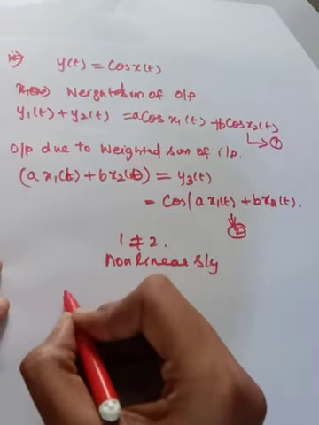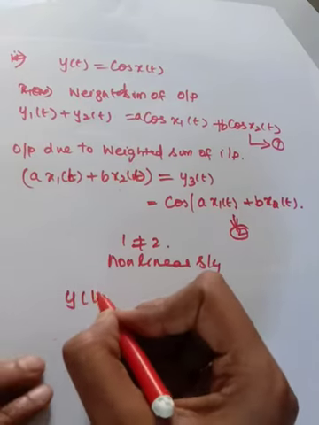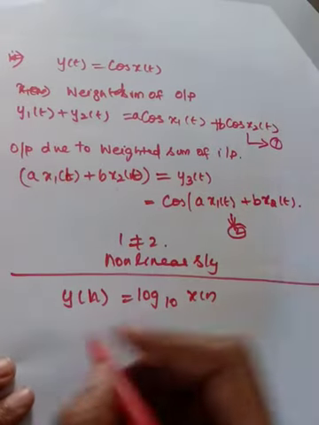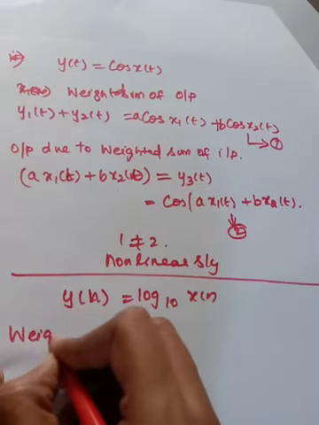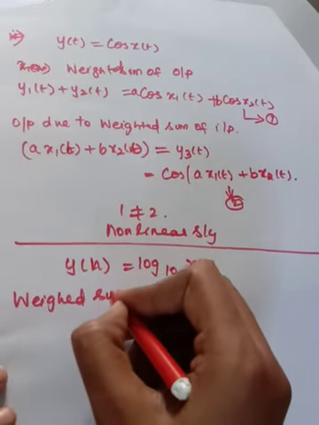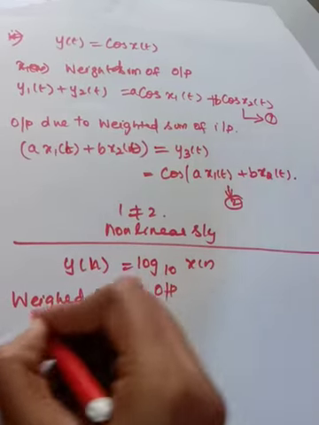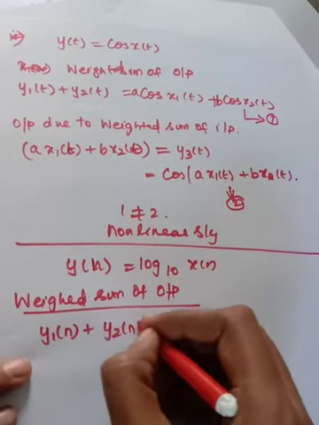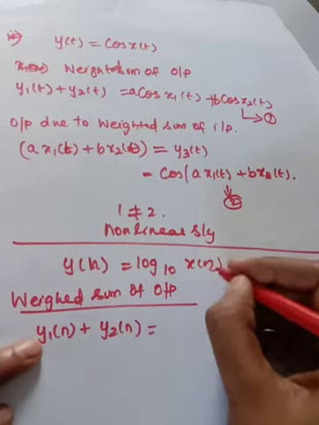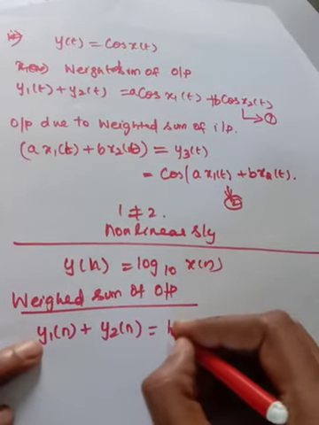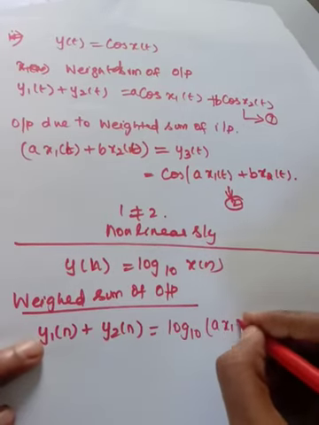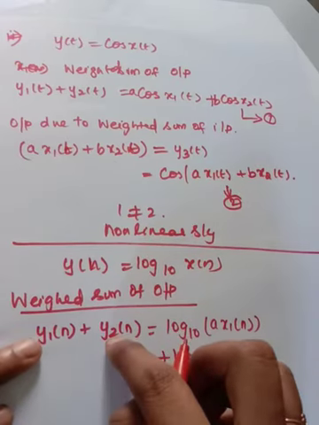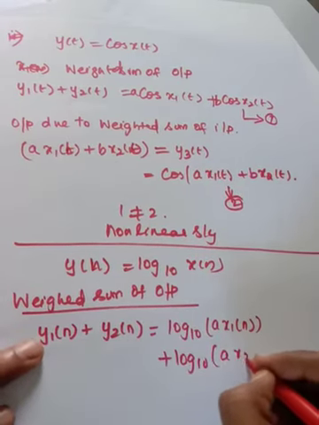Okay, so the third one is y of n is equal to log 10 x of n, the next problem. First we need to find the weighted sum of output. So the weighted sum of output means I need to find y1 of n plus y2 of n. For y1 of n, I give the input x1 of n, so log 10 a x1 of n, plus log 10 for x2 as the input signal, a x2 of n.